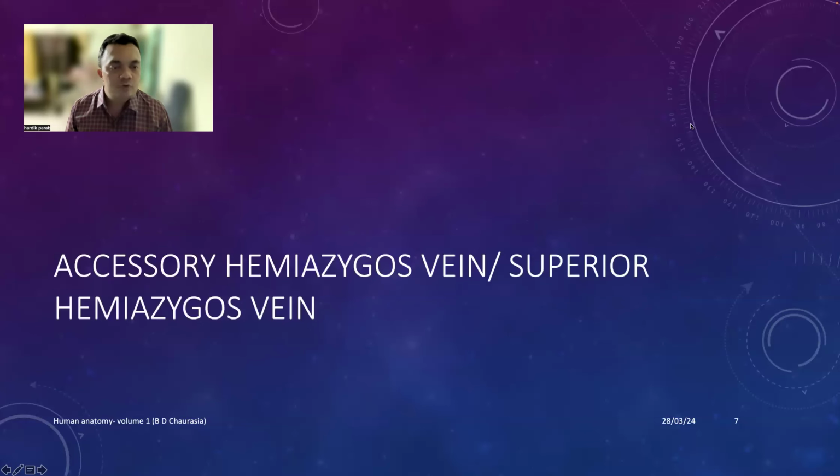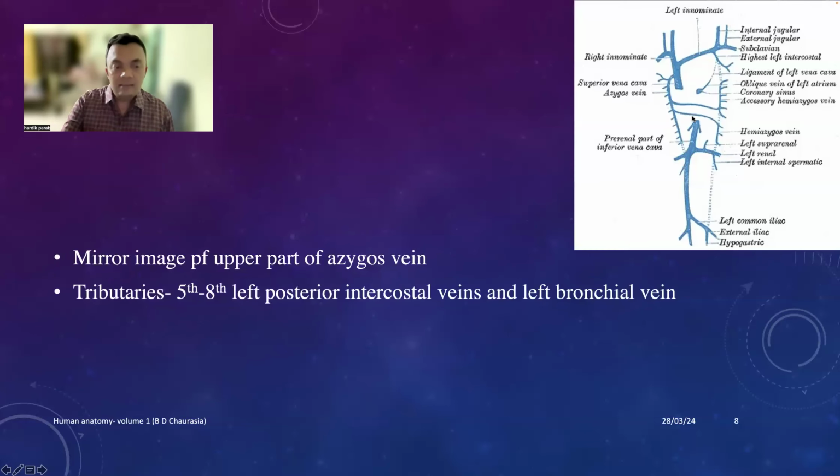The accessory hemiazygos vein has tributaries from the fifth to eighth left posterior intercostal veins and the left bronchial vein. Here we come to the end of these three important venous structures. They were the azygos vein, which we can see on this side. On the right side you have the azygos vein, which joins the superior vena cava and connects with the inferior vena cava.